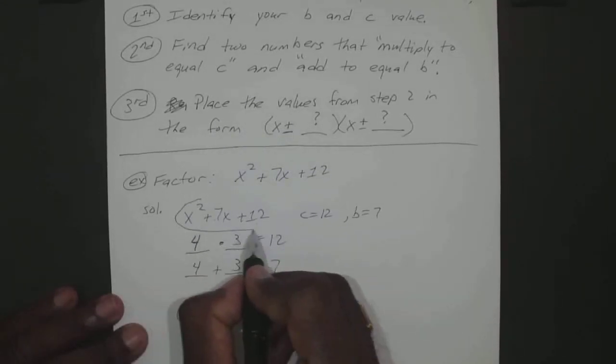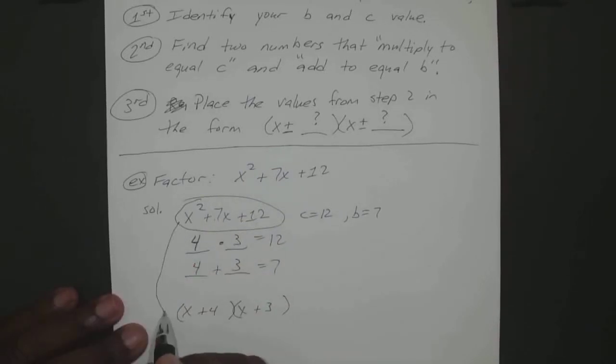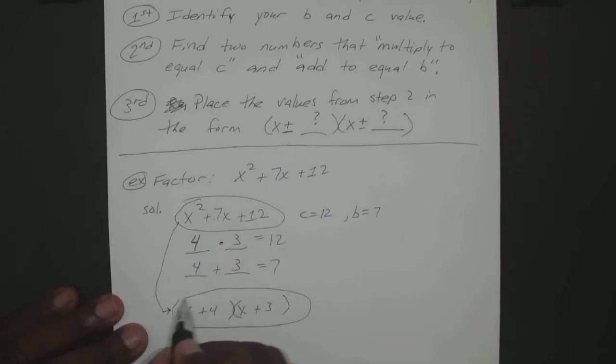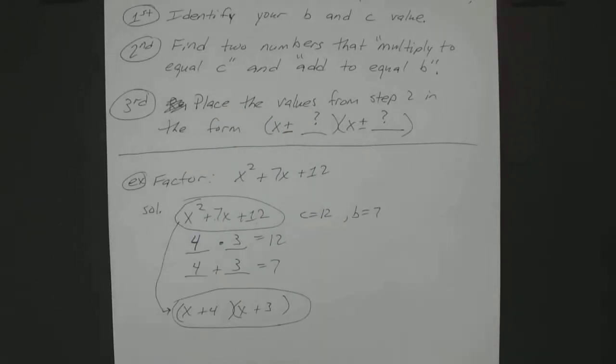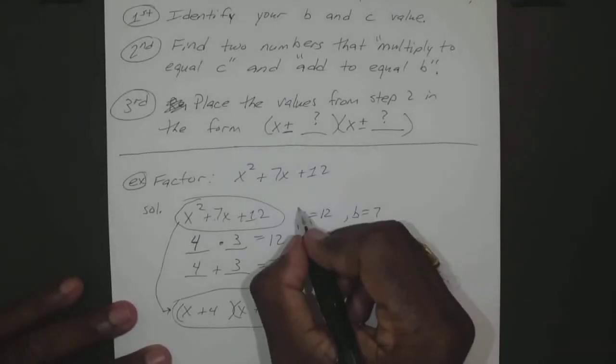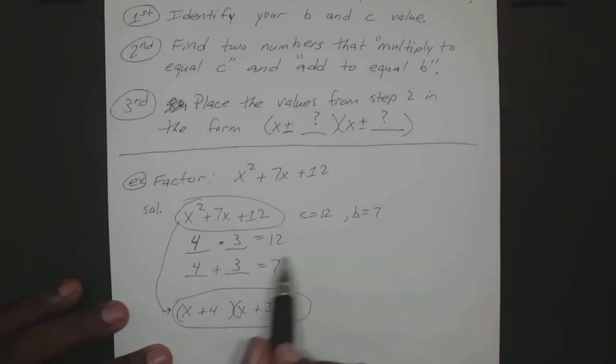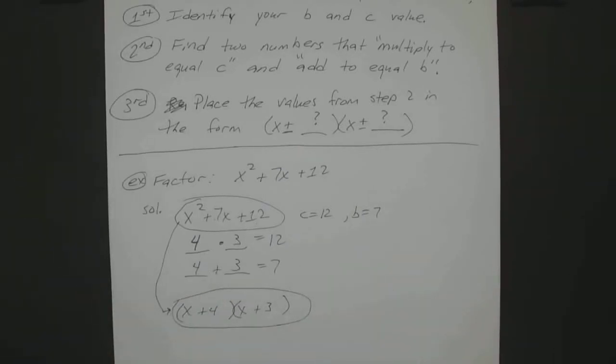So this factors to become that. And if you use the FOIL method, you can always double check it. Here, this is just step 1, identifying your B and C, but steps 2 and 3 are done in one motion.